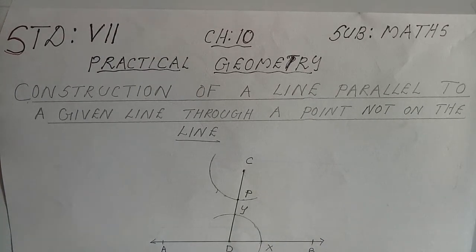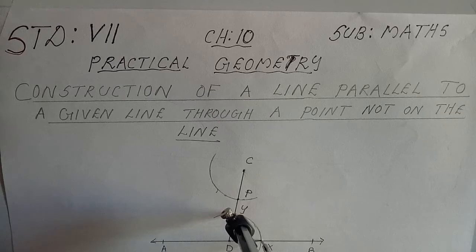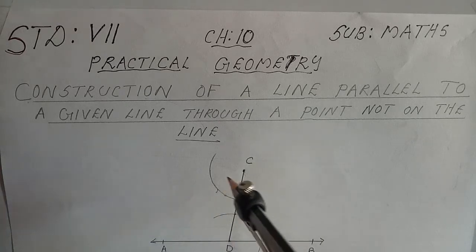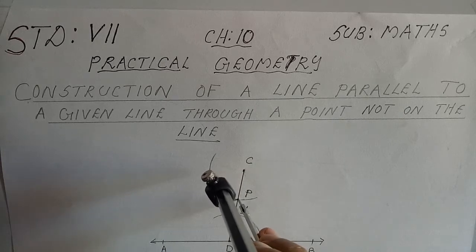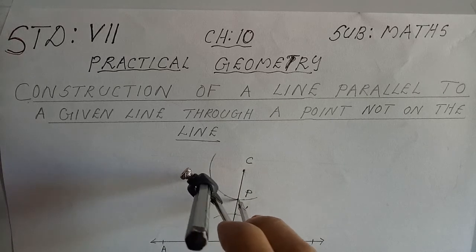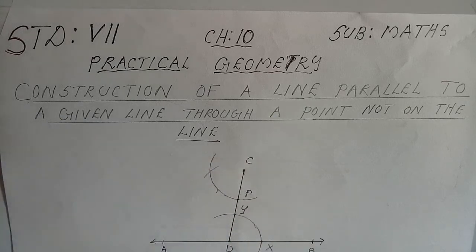Next step, take this radius XY. In your compass, measure this radius, that is XY, like this. Then keep the pointer at the point P. Then draw an arc so that it can cut the previous arc at one point, like this. Clear?